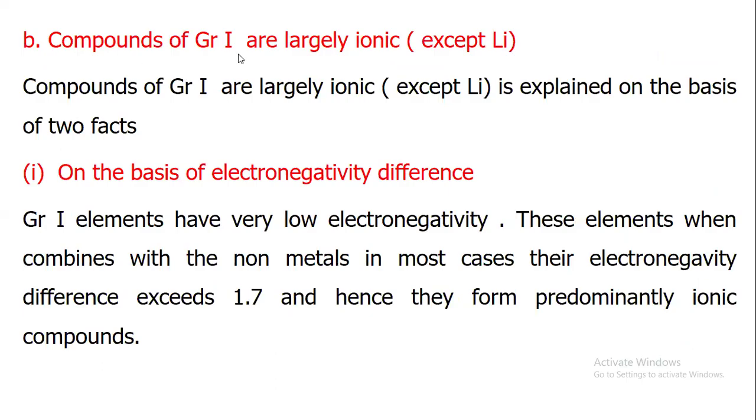Compounds of group 1 are largely ionic except lithium. This is explained on the basis of two facts. First, on the basis of electronegativity difference: group 1 elements have very low electronegativity. When combined with non-metals, in most cases their electronegativity difference exceeds 1.7, and hence they form predominantly ionic compounds.